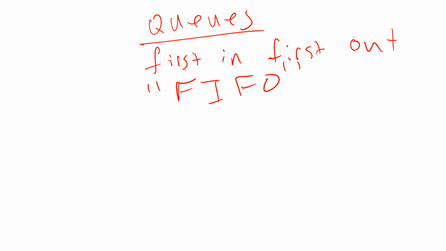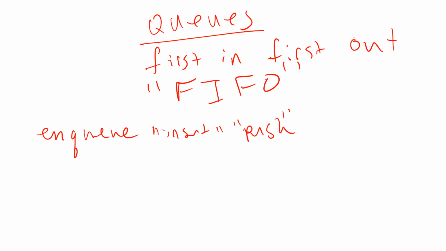So a queue, and they have, again, very similar operations. The author uses enqueue. Okay, this is like his insert. I'm just going to say push, right? That's what I'll use instead of enqueue.